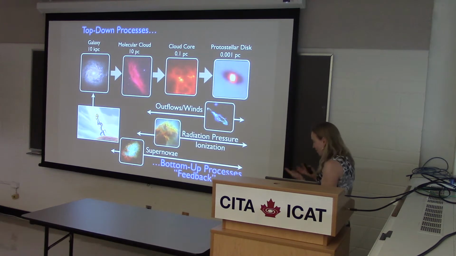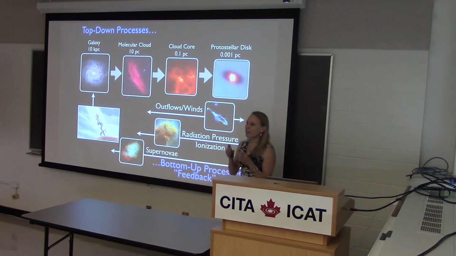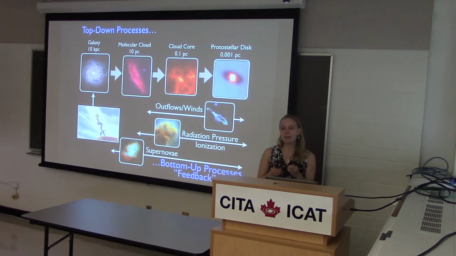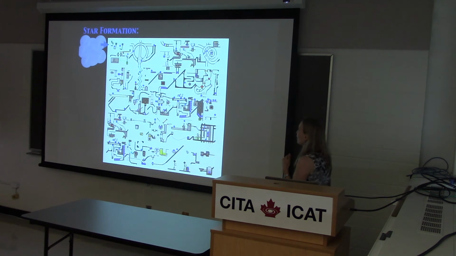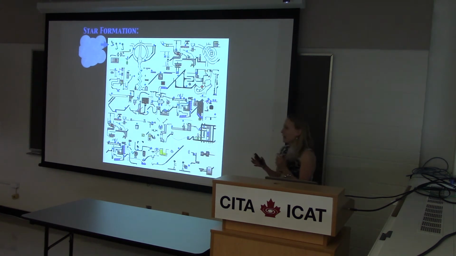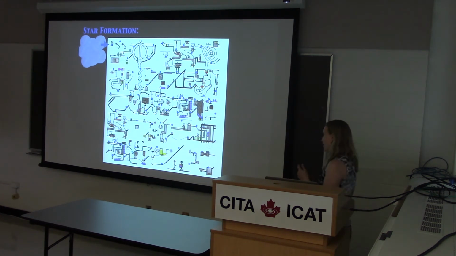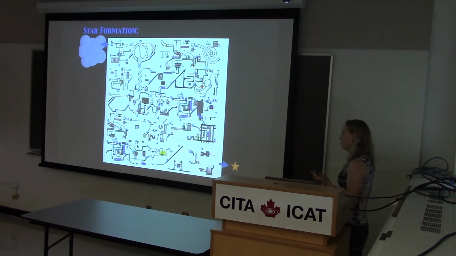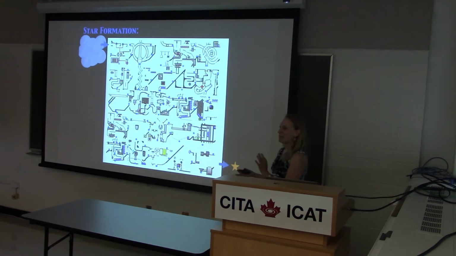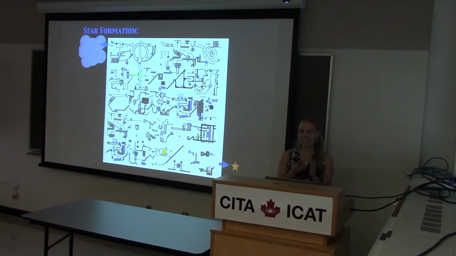The downside of this picture is that all these scales are coupled together by very complex and nonlinear processes. To summarize, we start with some kind of turbulent molecular cloud, and then we have a whole bunch of nonlinear coupled processes acting on a broad range of scales. And then finally, at the very end, we have a star that comes out. You could probably keep this up here for a few minutes, and people would be very entertained by it.